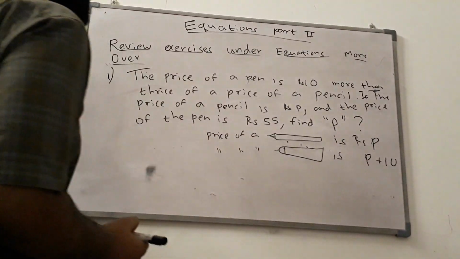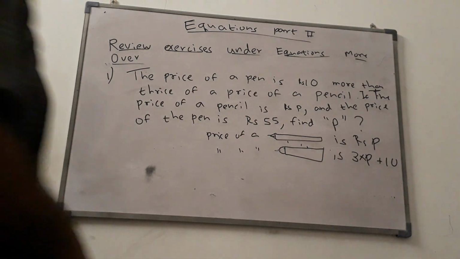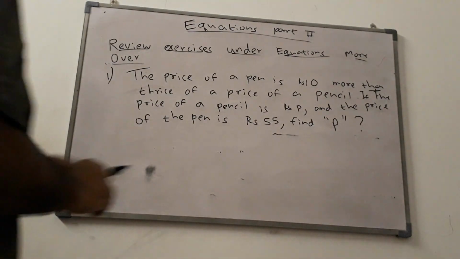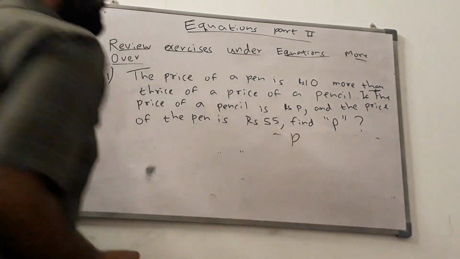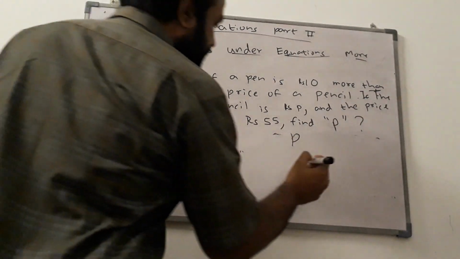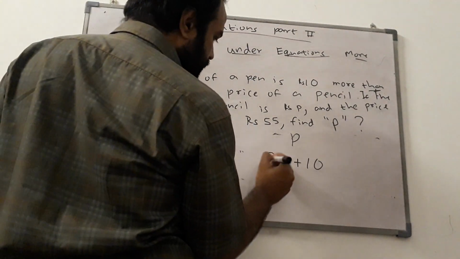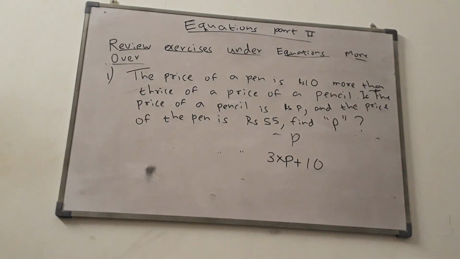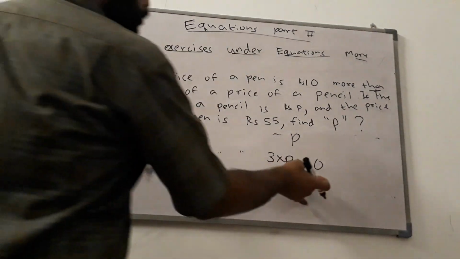Price of a pencil is P. Thrice the price of a pencil means you have to multiply 3 by P. 10 more means you have to add 10 to it.